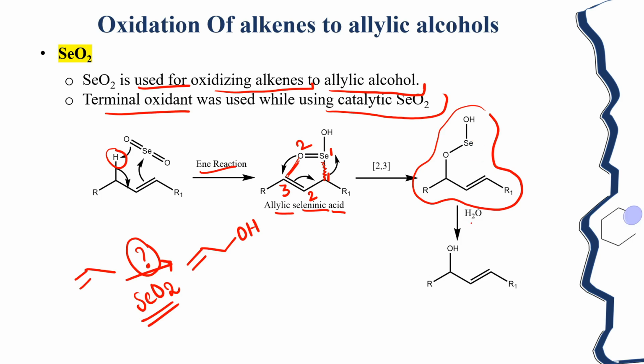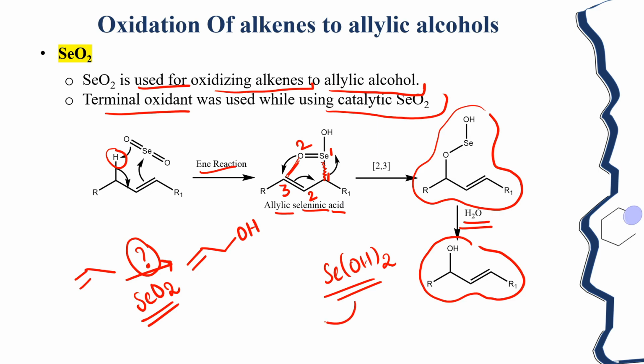After the 2,3-sigmatropic shift, we get this compound, which on water workup or quenching gives our final allylic alcohol product, and Se(OH)2 as a byproduct. Now this Se(OH)2, in the presence of a terminal oxidant, will form SeO2, which again goes into the reaction mixture and does that reaction.